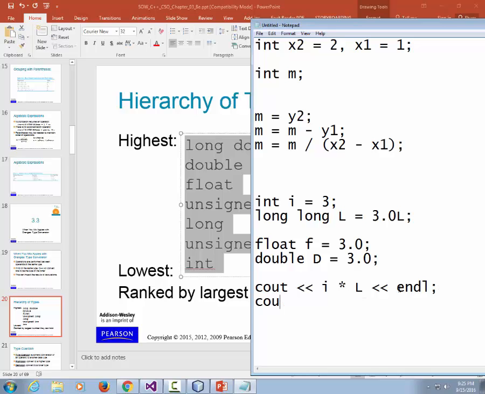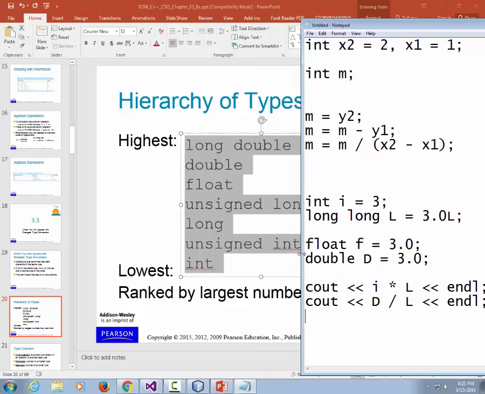How about if we have this? cout D times L. Which is the lower hierarchy, the D or the L? If we look at this chart over here, the highest hierarchies are here, the lowest hierarchies are down here.